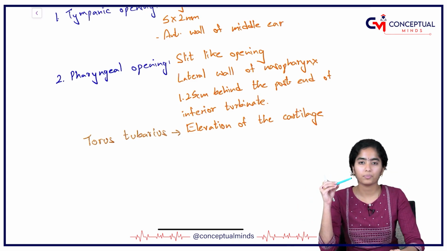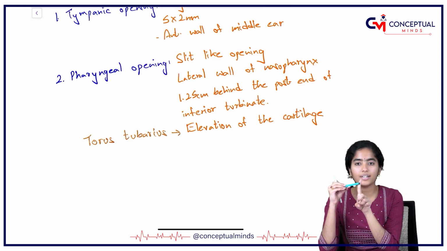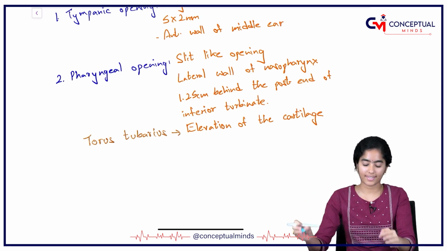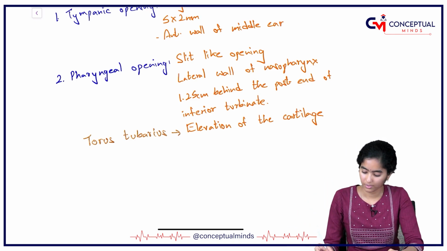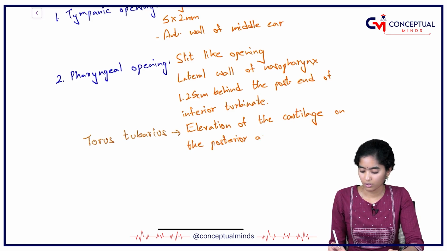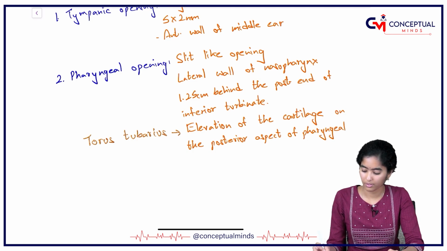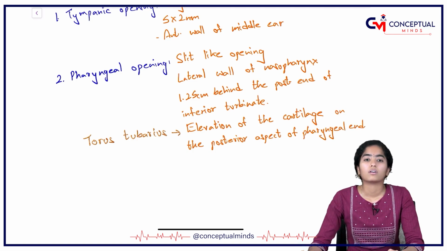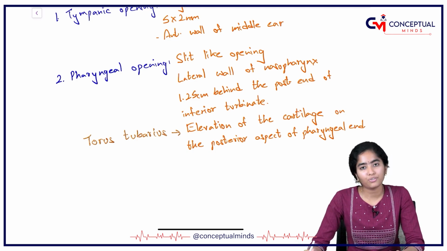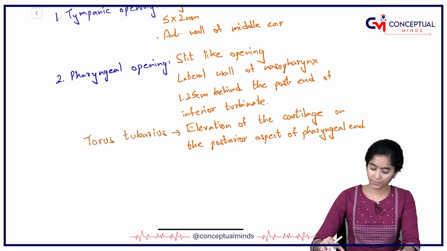If this is the tube and this is the opening, on the posterior side, somewhere here is the torus tubarius, on the posterior aspect of pharyngeal end. It is important that you identify the torus tubarius while examining the nasopharynx.